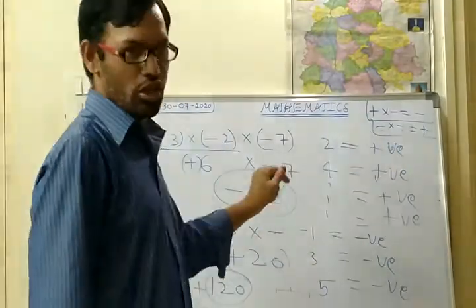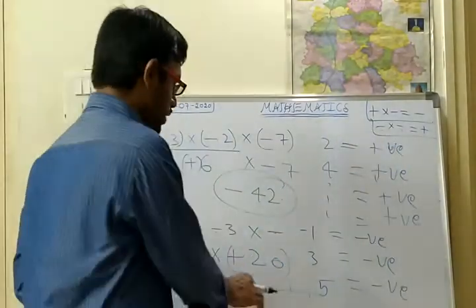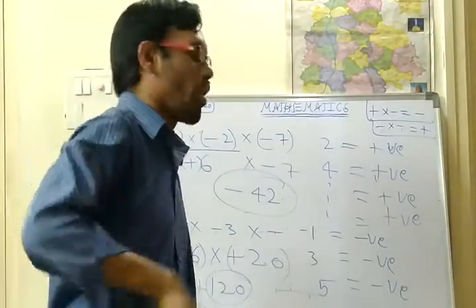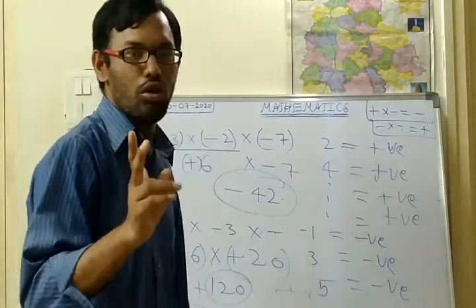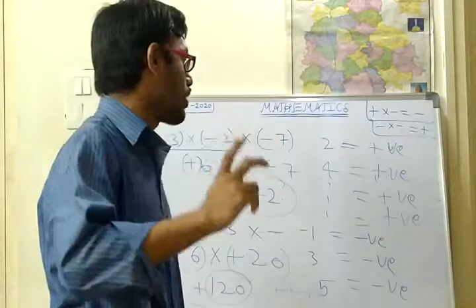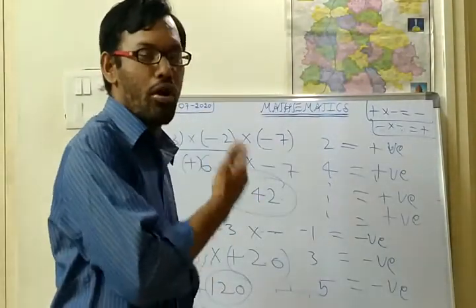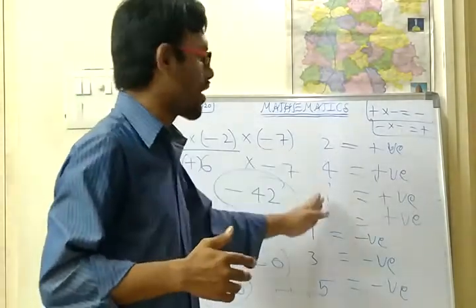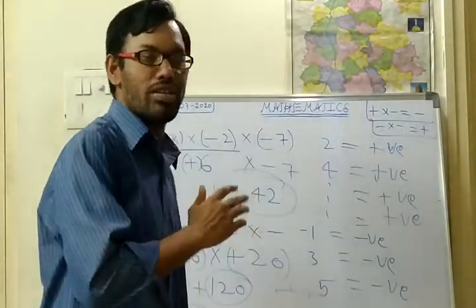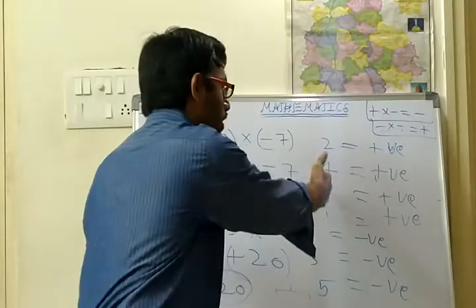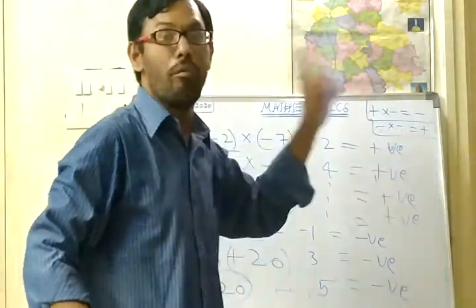I hope you have understood. So finally, by this what can we say? The product of two or more negative integers: if the product is for an even number of negative integers, the result will be positive.